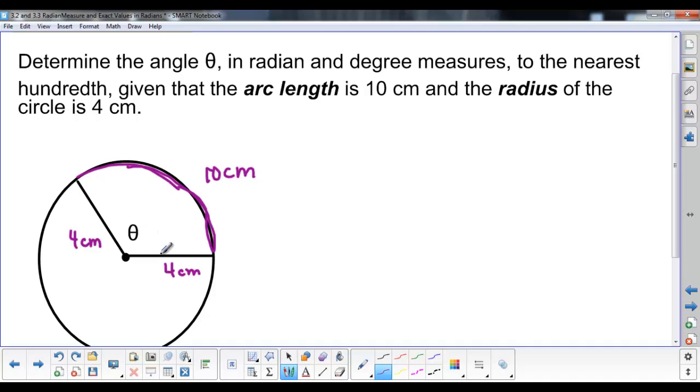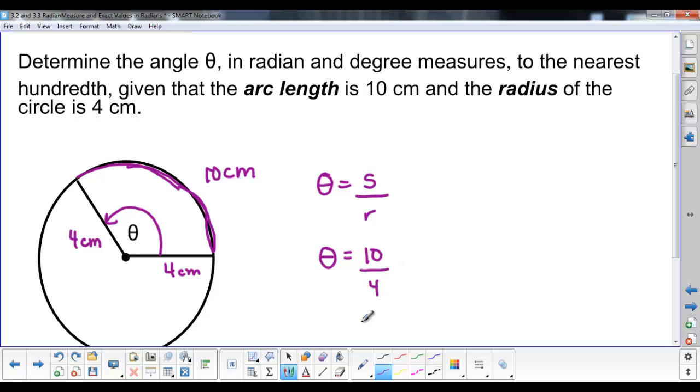Again, remember that we started in standard position, and then we rotated counterclockwise to get theta. Now, from the first slide, we mentioned earlier that theta was equal to the arc length over the radius. So we know both of these values. We know that the arc length is 10, and we know that the radius is 4.